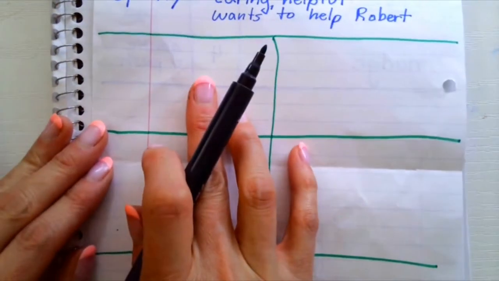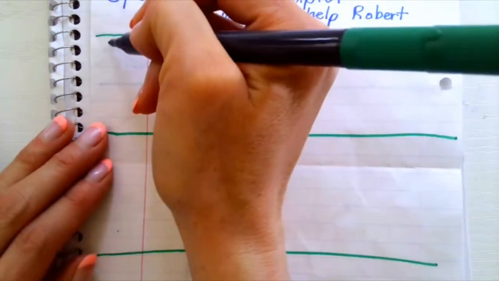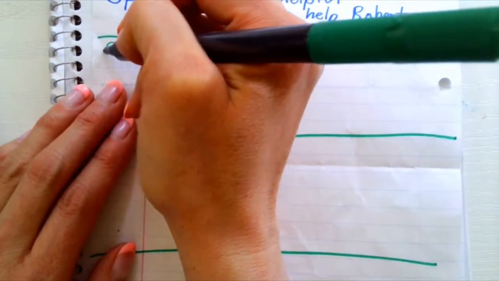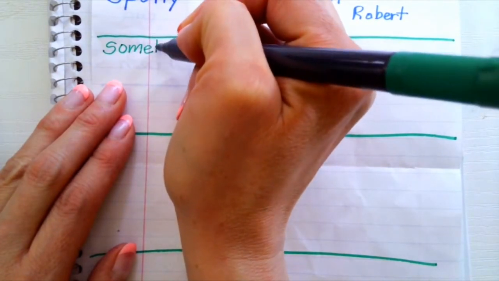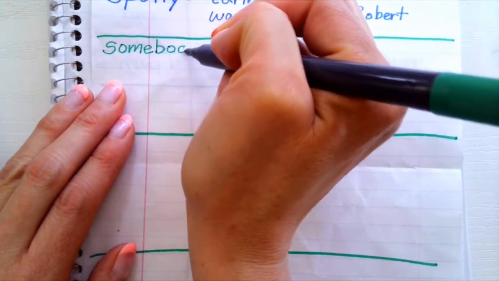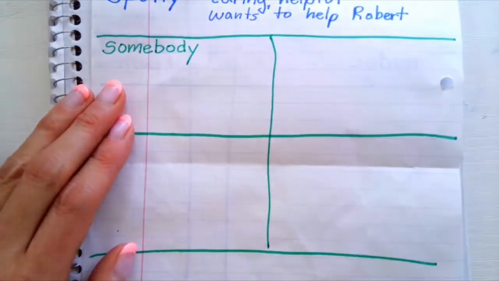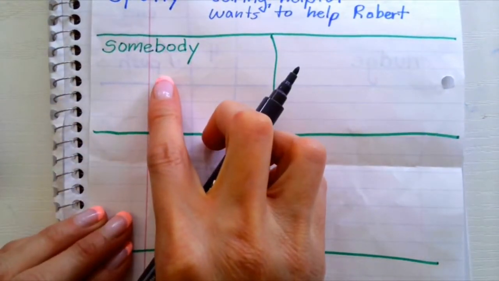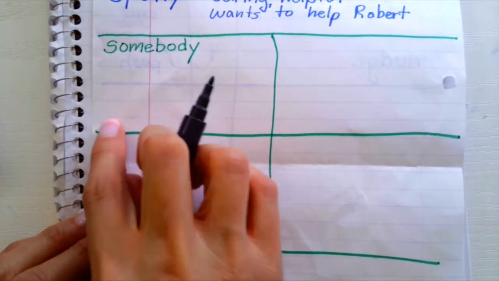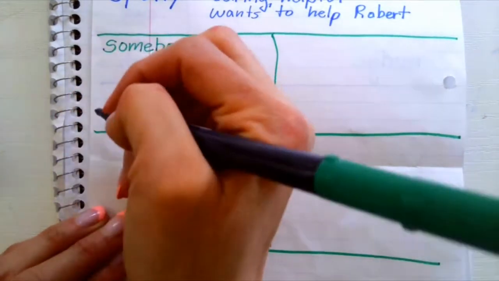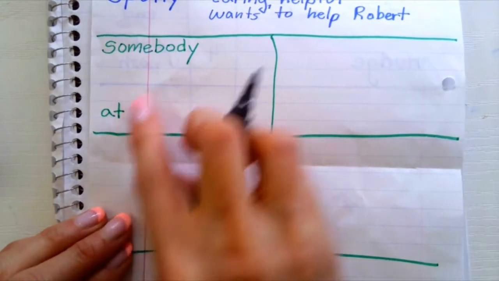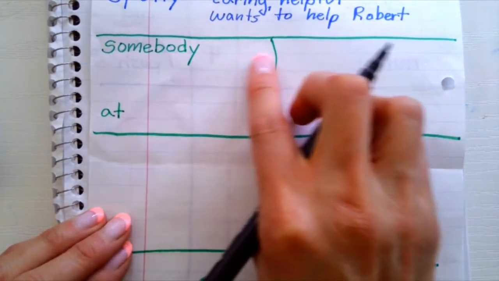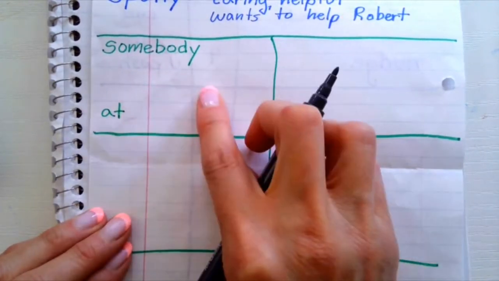In this top section, let's write the word somebody at the top. S-O-M-E-B-O-D-Y. Somebody. And then on the bottom here, write the word at. We're going to write down who is in the story, right?